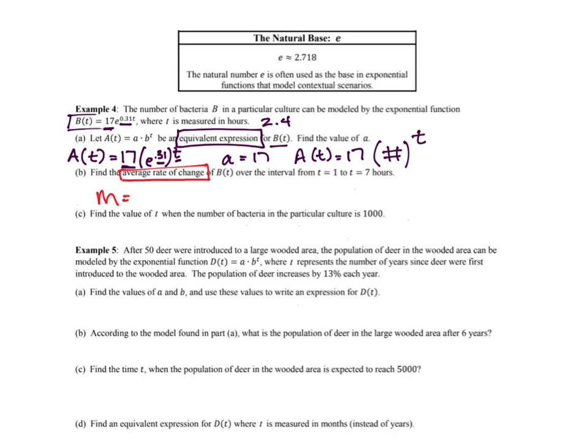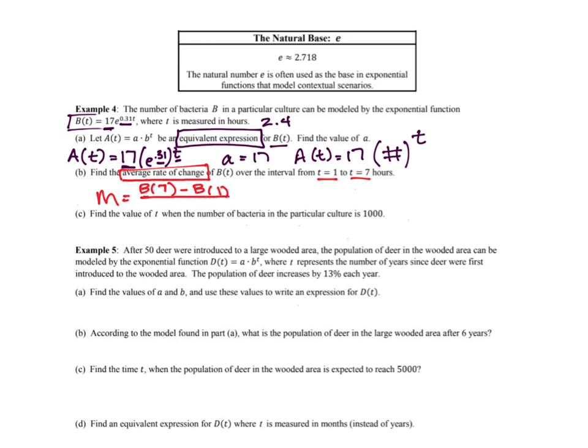M equals B of T at T equals 7, so B of 7 minus B of 1. This is how I'm getting y2 minus y1. I've got a function B of t. I want to evaluate that function at t equals 7 and at t equals 1.